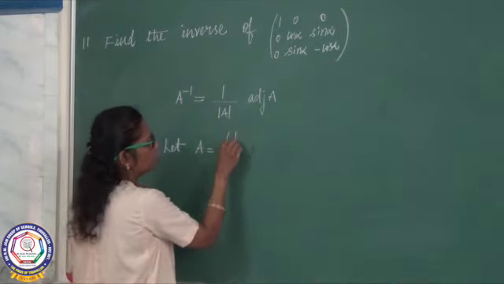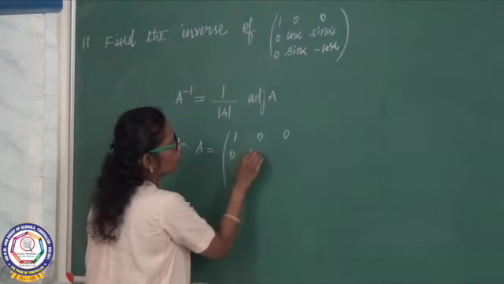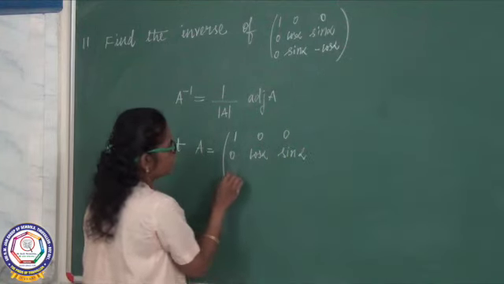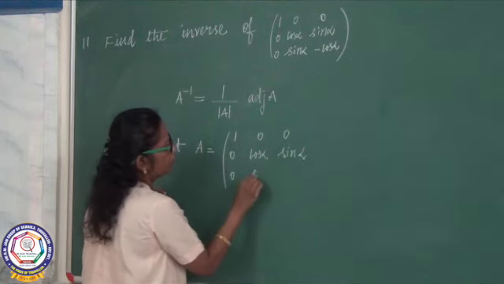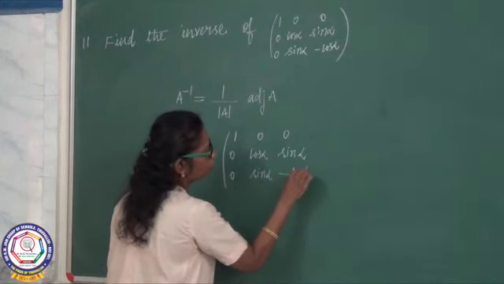So, A equals 1, 0, 0, 0, cos alpha, sin alpha, 0, sin alpha, minus cos alpha.